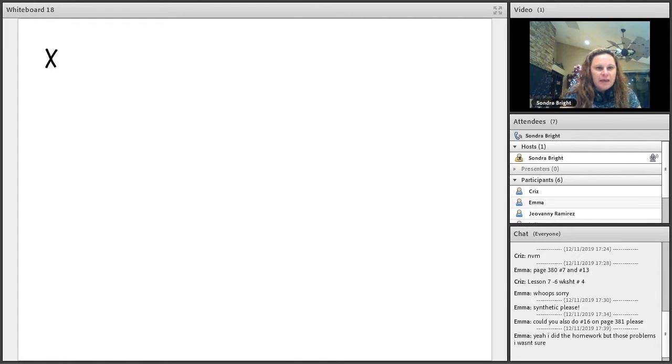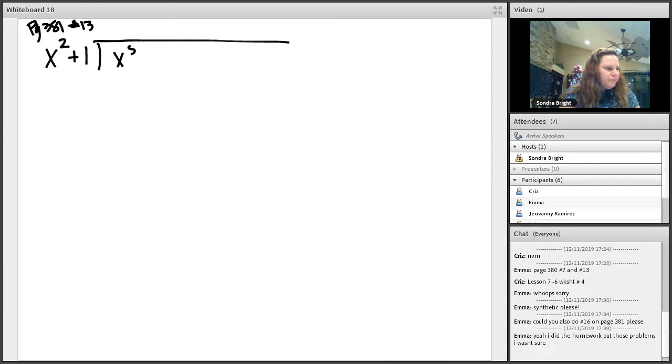We were doing an x squared plus 1. This is again back to page 381, number 13. And we're going to divide x to the 5th minus x to the 4th minus x cubed plus x squared minus 2x plus 2.